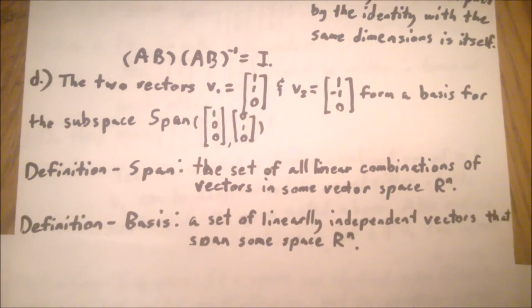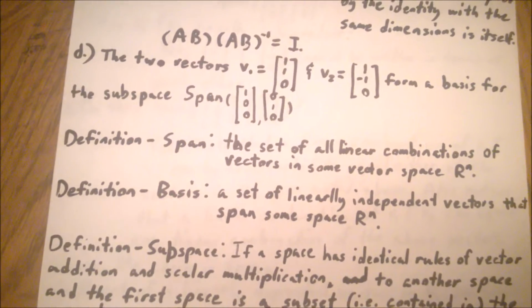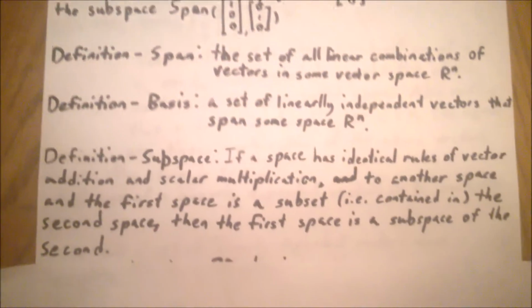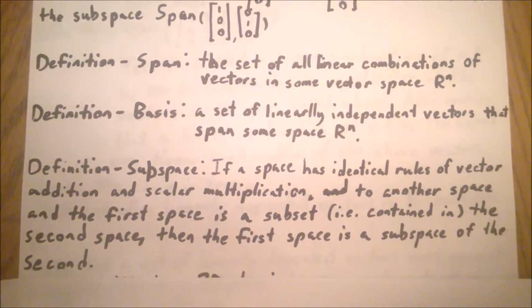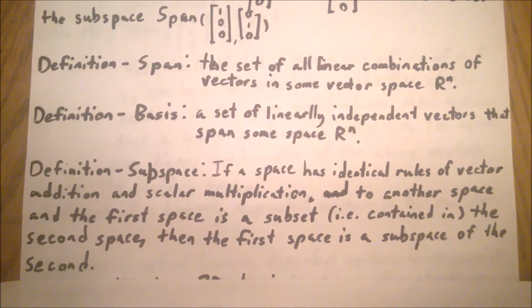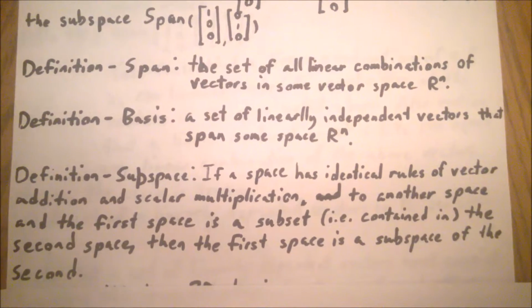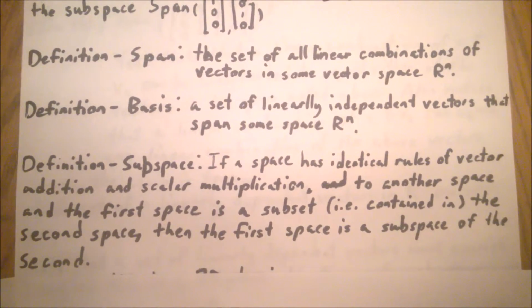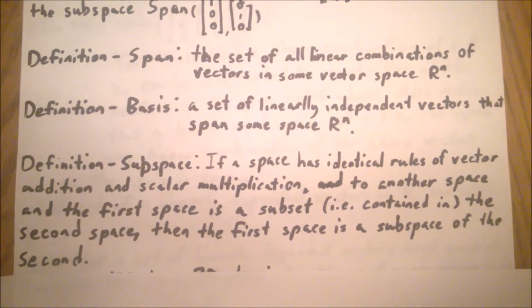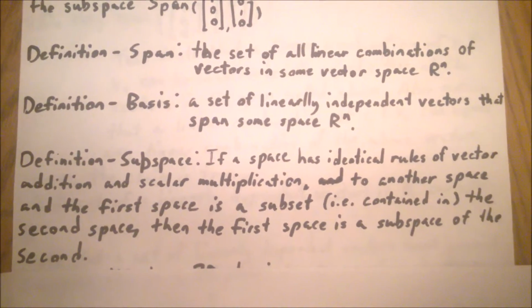Okay, so there's a lot of terminology here. So let's get our definitions straight again. The definition of the span is the set of all linear combinations of vectors in some vector space Rn. So basically, this is the set of vectors that can be produced by a specific set of linearly independent vectors, which moves us to our basis.